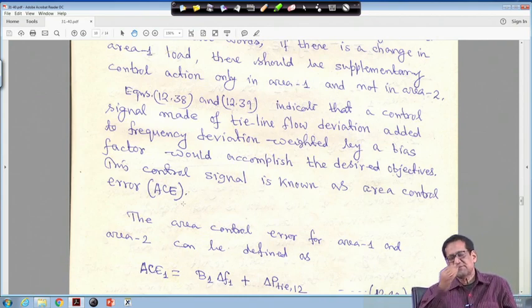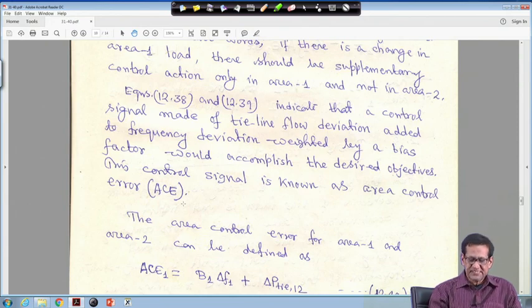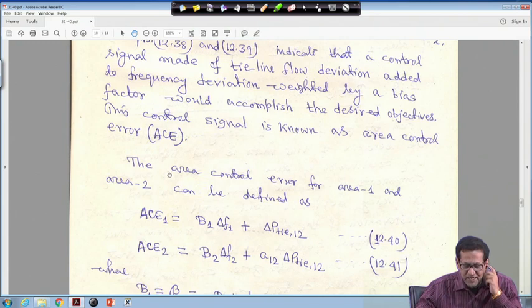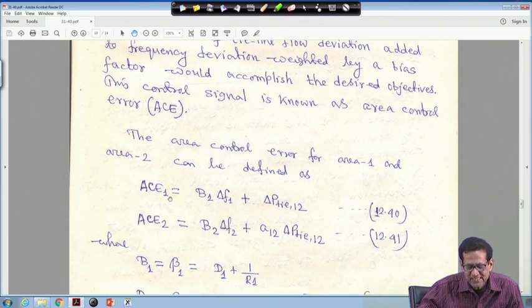So, area control error is basically a function of frequency deviation and tie power deviation. The area control error for area 1 and area 2 can be defined as ACE1 equal to B1 delta F1 plus delta P tie 1 2, this is equation 40, and ACE2 equal to B2 delta F2 plus A12 delta P tie 1 2, that is equation 41.